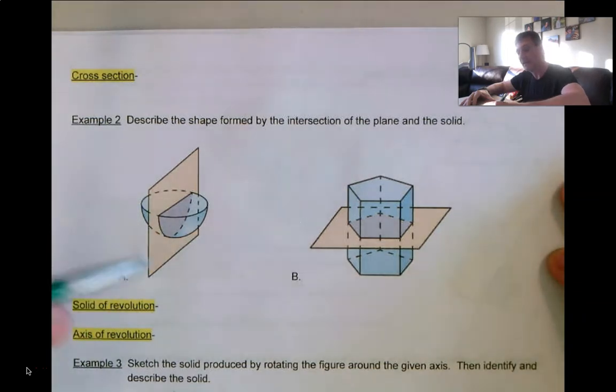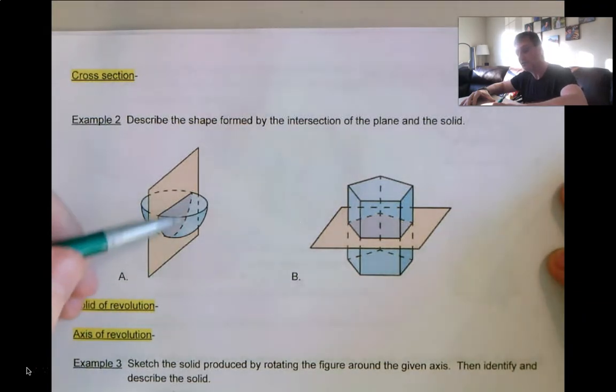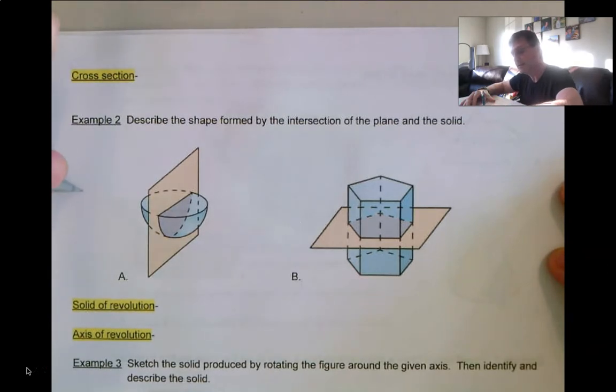So in part A, this painted part, this cross-section part, is half of a circle or a semicircle.